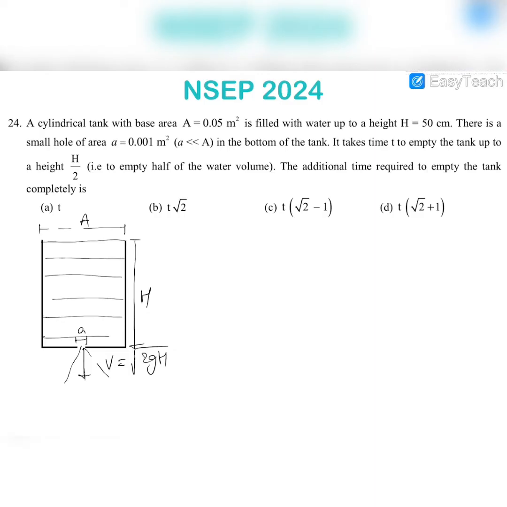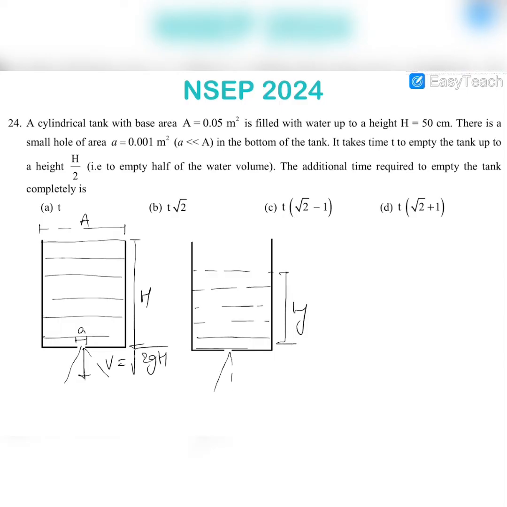Now after some time the level of water will obviously decrease, and at some time the level is, let's suppose, y. So at some time the level of water remaining in the beaker is y.